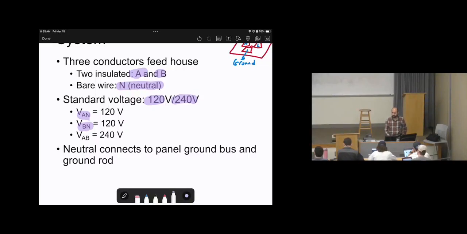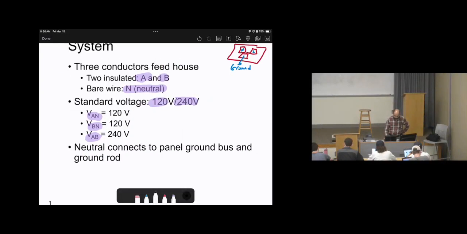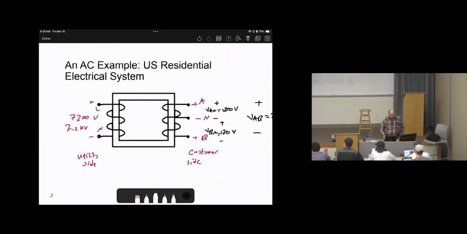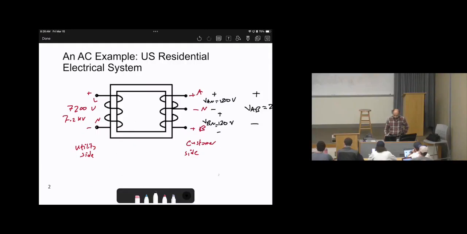If you need 240, then you need to connect live and live, which is A and B, which is basically 120 plus 120. In other words, VAB is actually VAN plus VBN. So we can get 120 plus 120, 240. This is how the electrical system connection works.